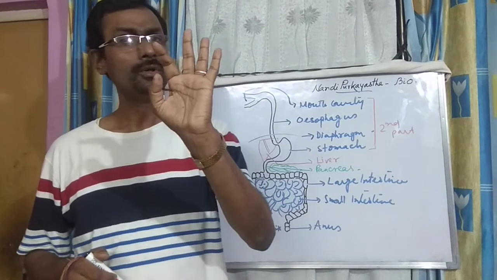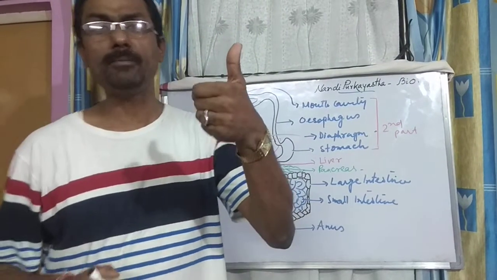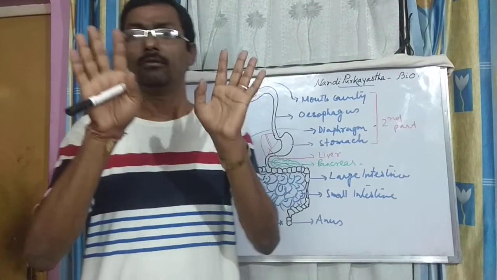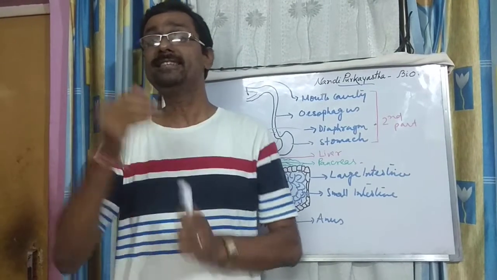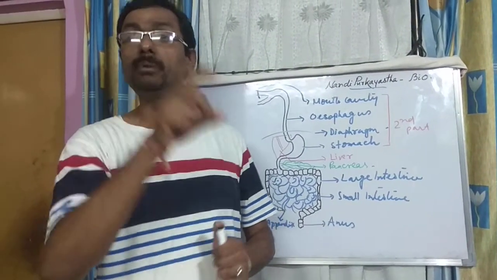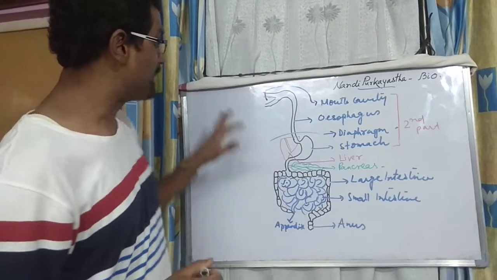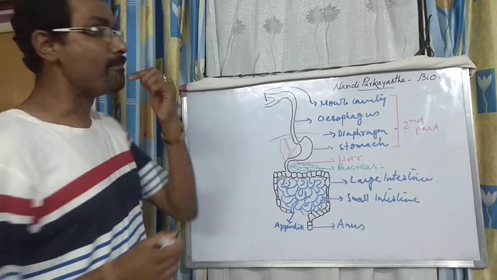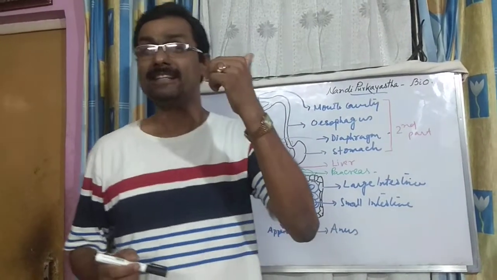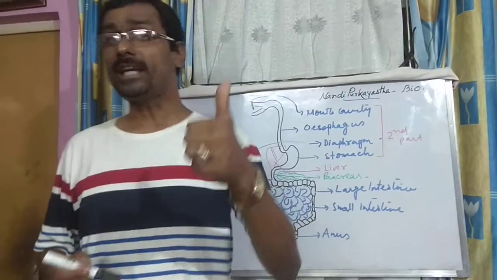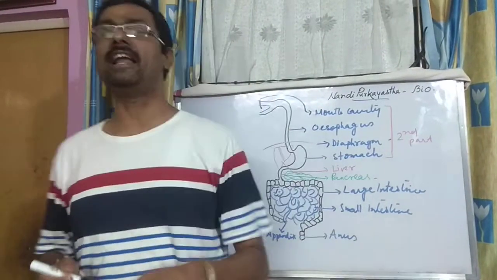Is it clear to you? So you already know it, so I'm not stressing it too much. These 4 different types of teeth play different roles in chewing. Then what happens? Here in the mouth there are glands called the salivary glands. We have three pairs of salivary glands.